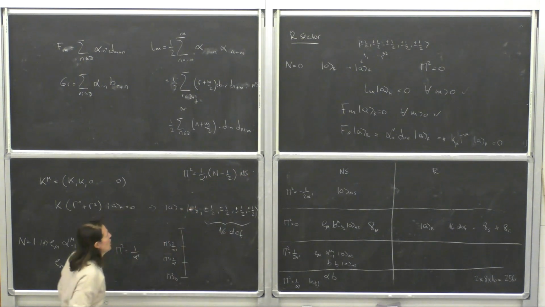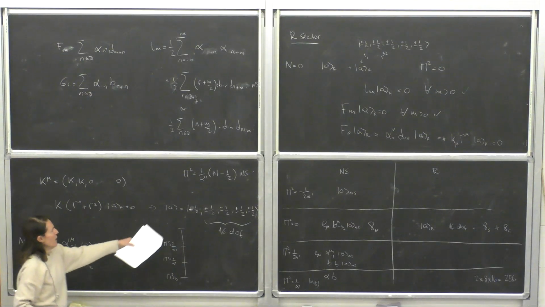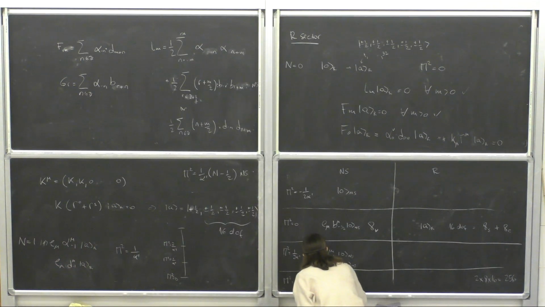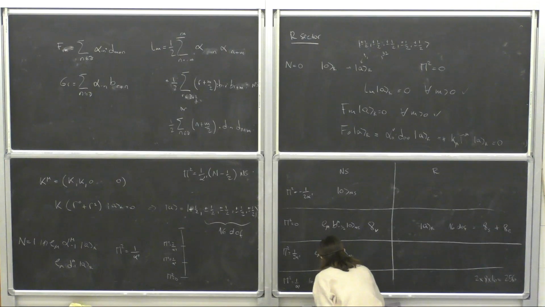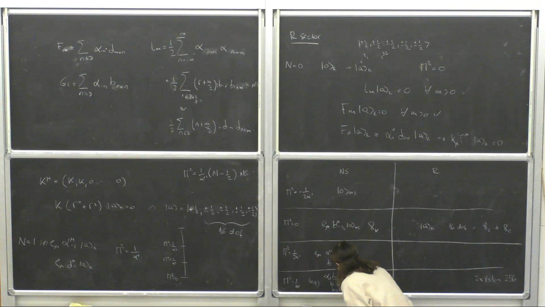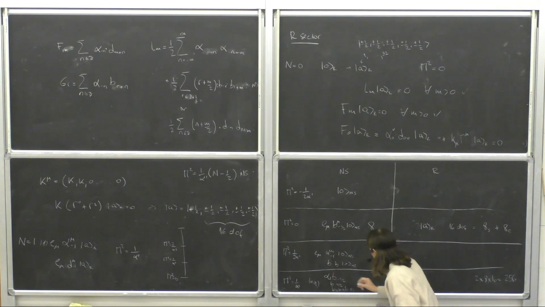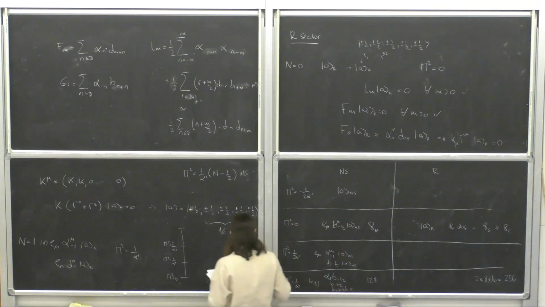So to have mass squared 1 over alpha prime, we need n equals 3/2. So we can have this with an alpha and a b, or a b minus 3/2, or 3 b's minus 1/2. You count the degrees of freedom and you should get 128. Let me do it quickly.